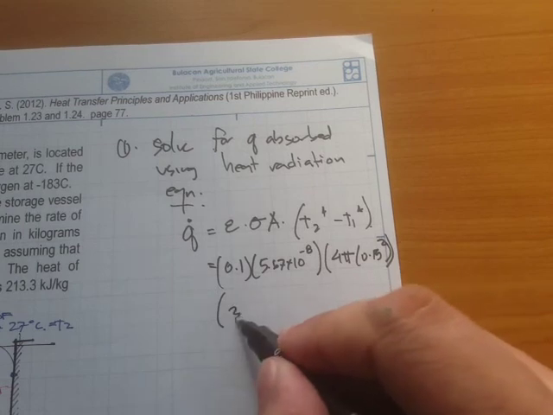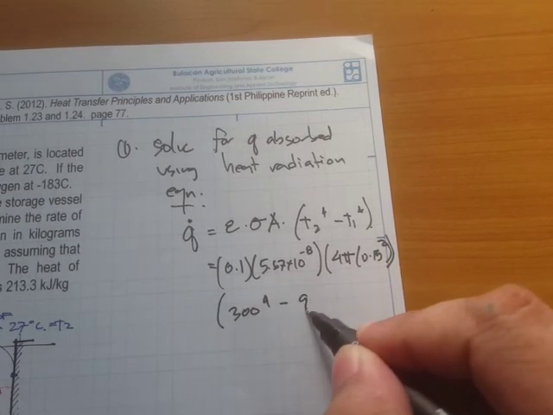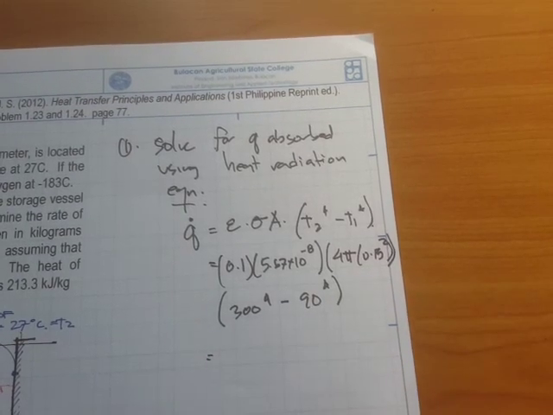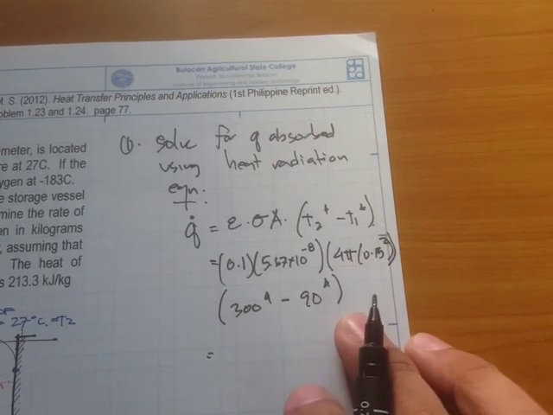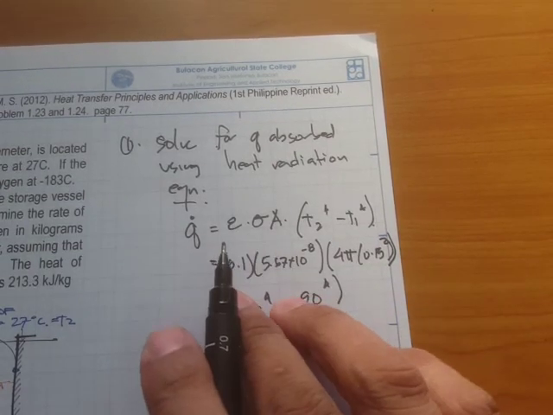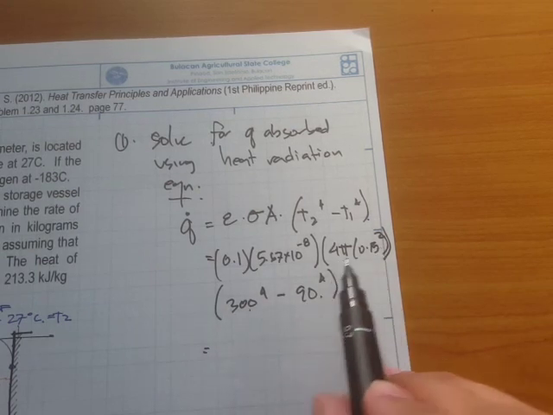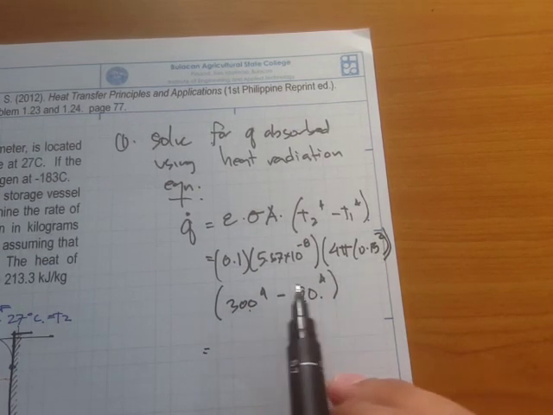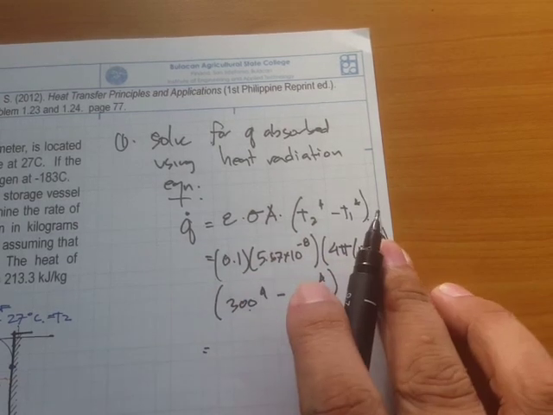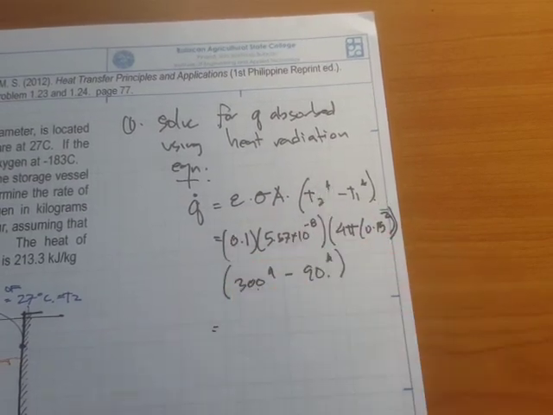Our temperature is 300 to the fourth minus 90 to the fourth. I just didn't write the units, but you can also check the units if you want. Just take note, this is Kelvin, this one is in meters, and this one is in some appropriate units.